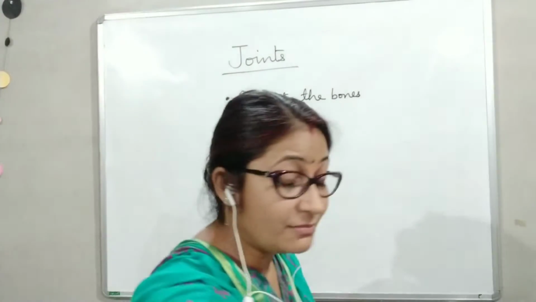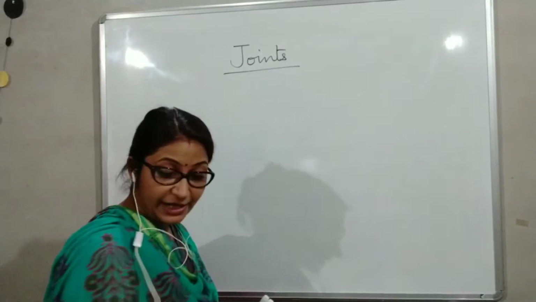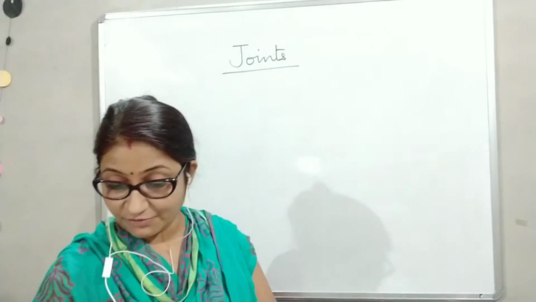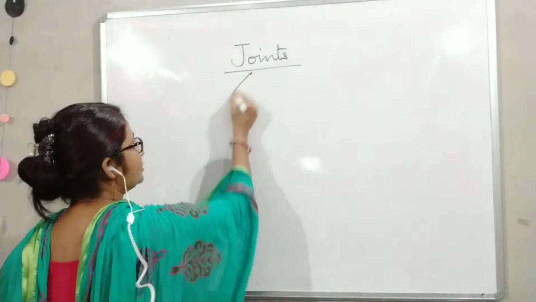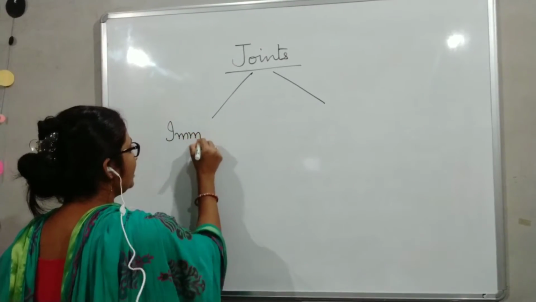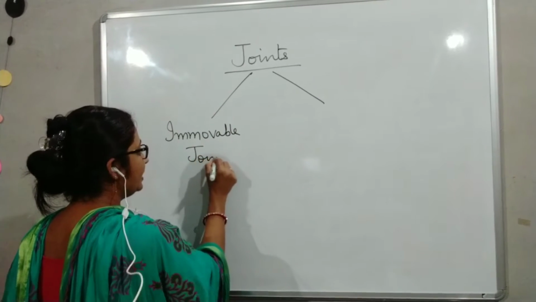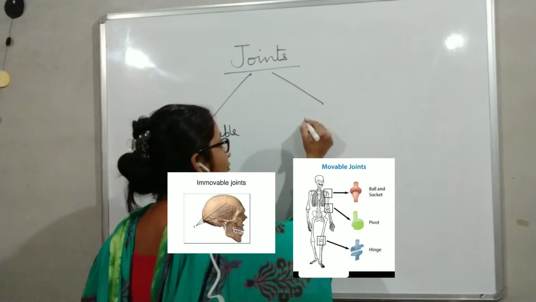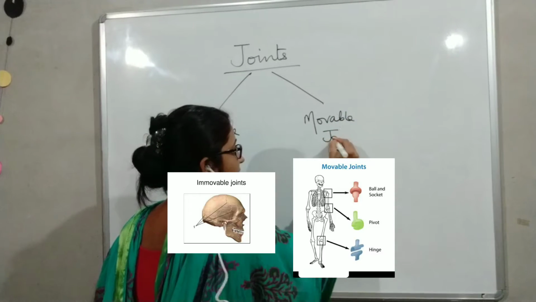These joints are first of all divided into two parts. First is the immovable joint and the other is the movable joint.